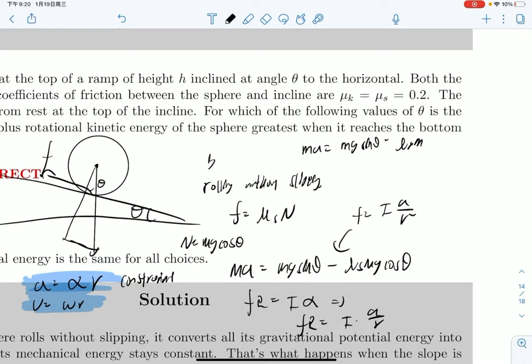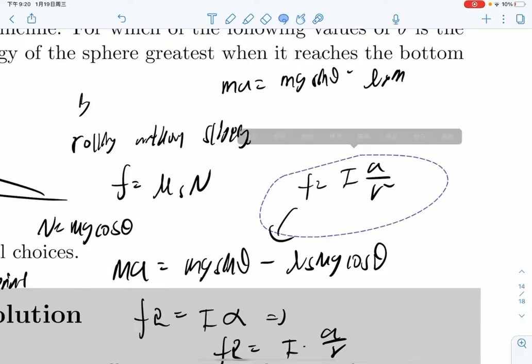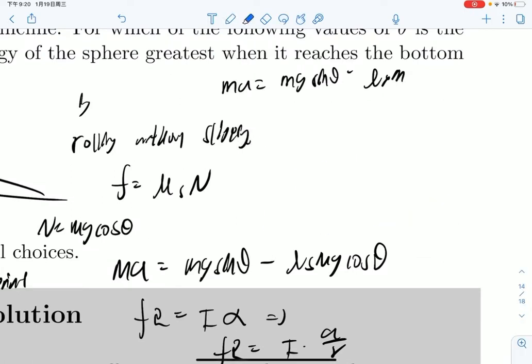Actually, no. You can get the acceleration from this equation. So a is equal to g sine theta minus mu s g cosine theta.